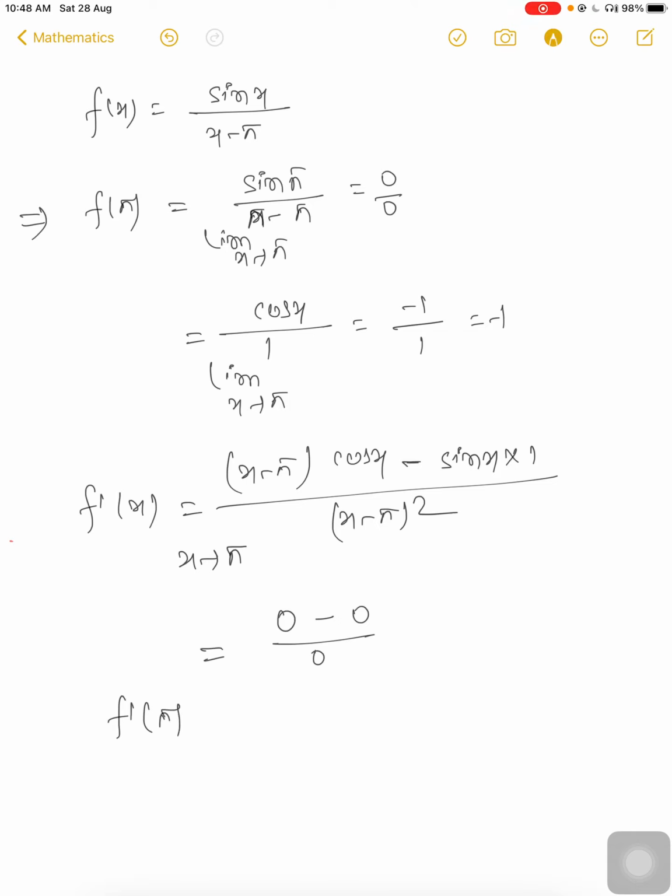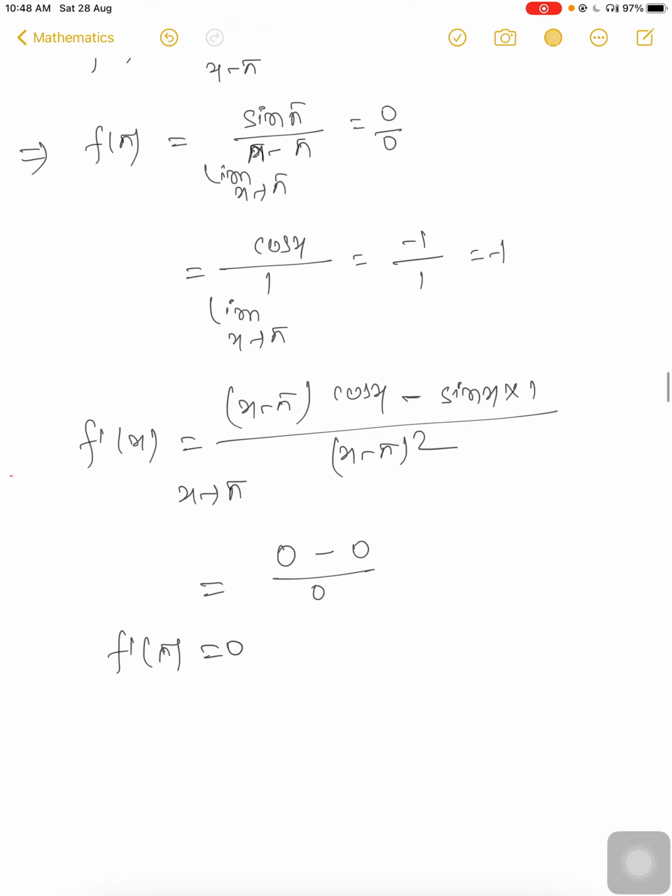Then you will get f dash pi is equal to 0. In a similar way, differentiate the numerator and denominator separately, then you will get 2 into x minus pi in the denominator.